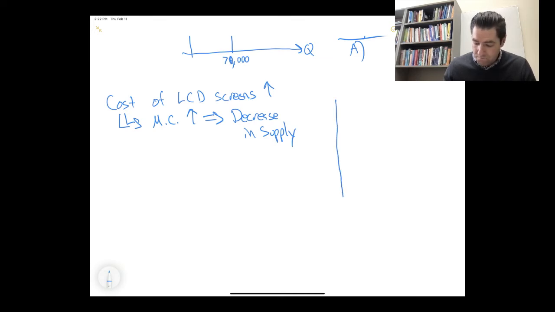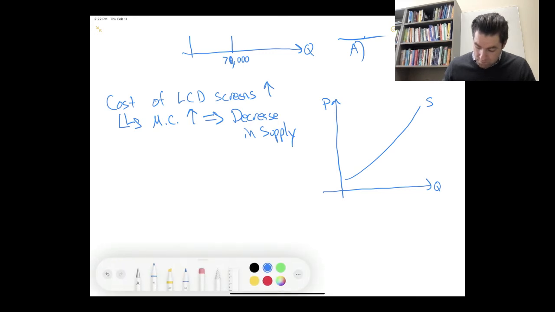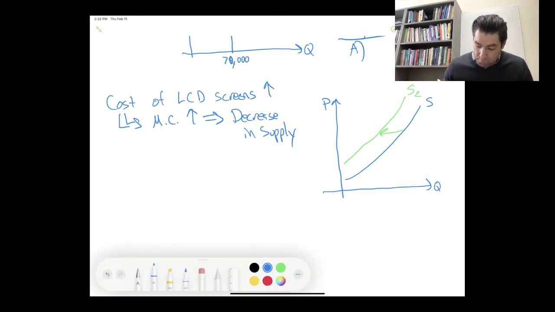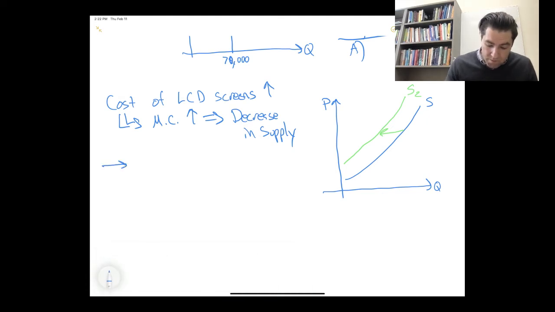Right? So the supply of smartphones is going to shift to the left. A decrease in supply is a result of an increase in the inputs of production. Very similarly, other things that would cause this.